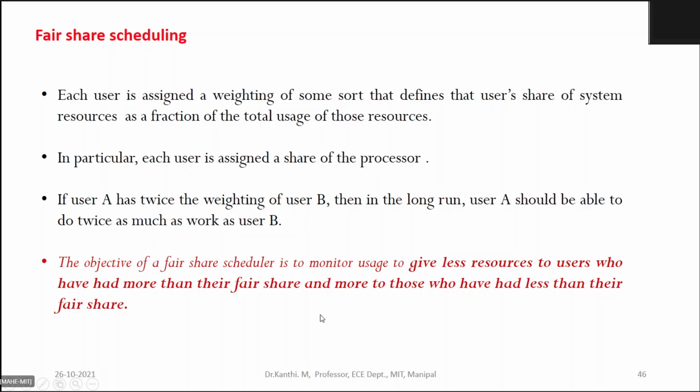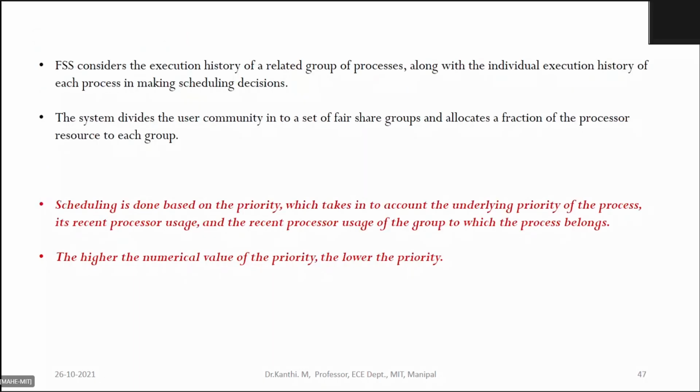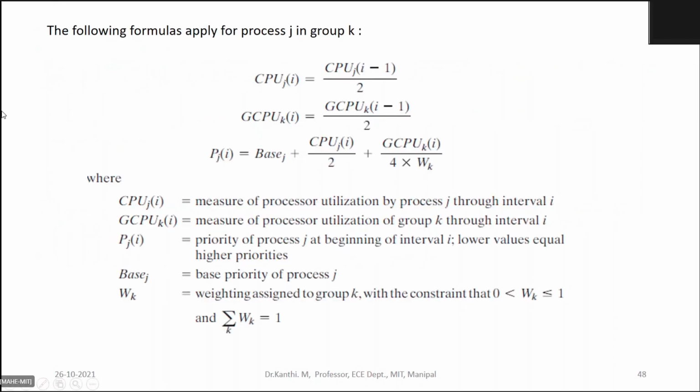Okay, so we shall see the scheduling with a specific example. For that, we need to know what the priority is based on in fair share scheduling. So we'll make use of certain formulas.